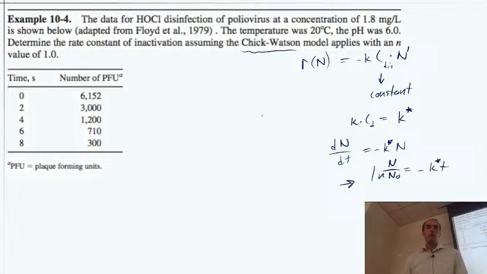The caveat would be if we wanted to solve for C, I don't know how much of the chemistry we'll get into. I'll probably give you a bit of a refresher when we get to disinfection. But the concentration for HOCl is going to be a potential equilibrium problem where we have to solve for, okay, at pH 6 that was given, what percent of our total chlorine is in this HOCl form.